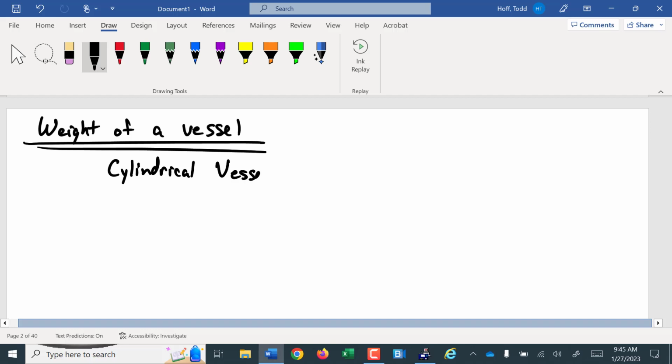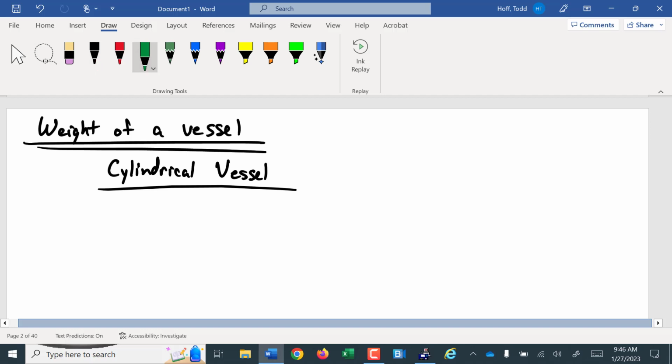Cylindrical vessel is the term that your book uses. And we're going to find the weight using this last piece that we looked at, the weight per square foot. So we're going to find the surface area of this container, the thickness of its walls, and then use that to find a weight from it.